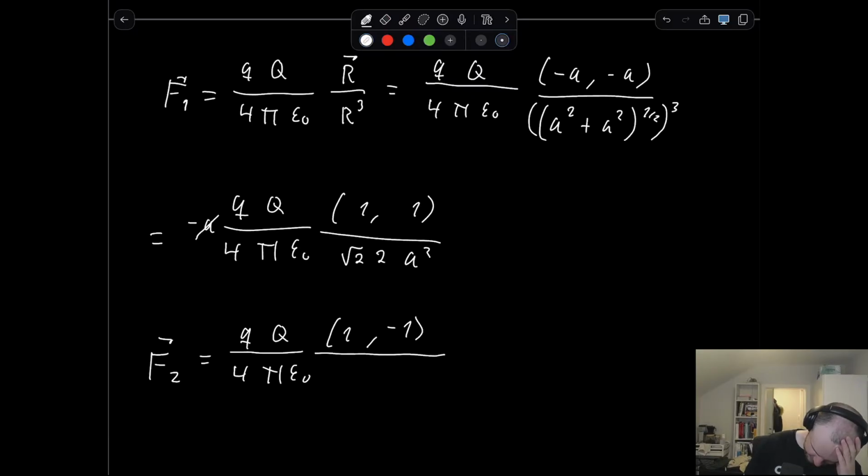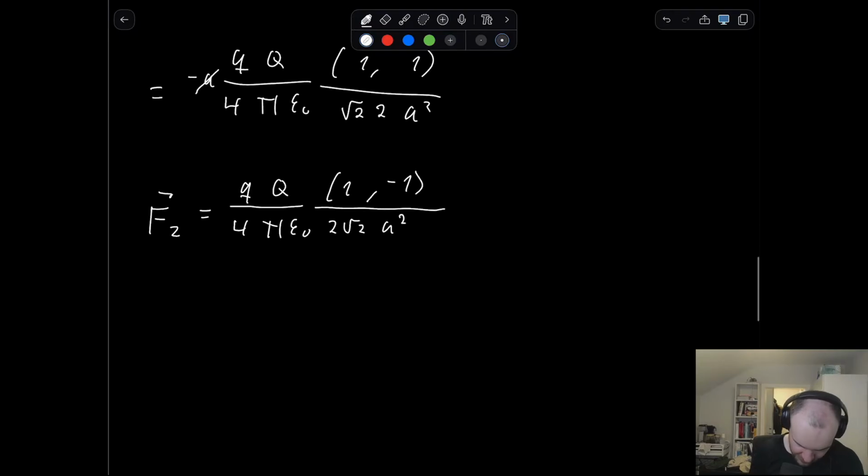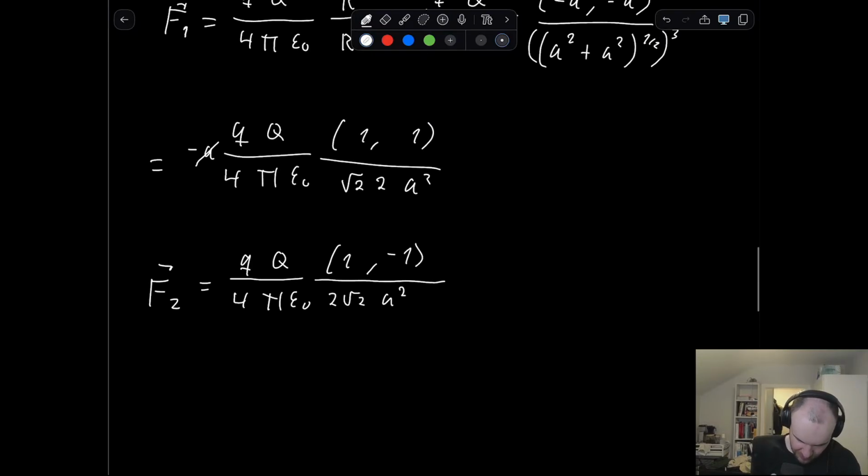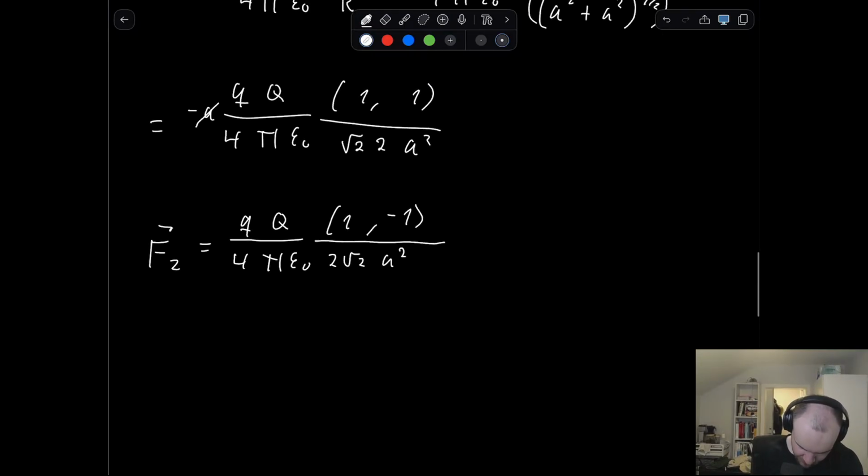Okay, and I can take out a there like I did, and I can have, just to make this a little bit more, 2 squared, then a squared. Then we can, of course, add these up, and as you see, the y components cancel out. We get 2, and 2 goes away. So F in total is, just to be peculiar, F1 plus F2.